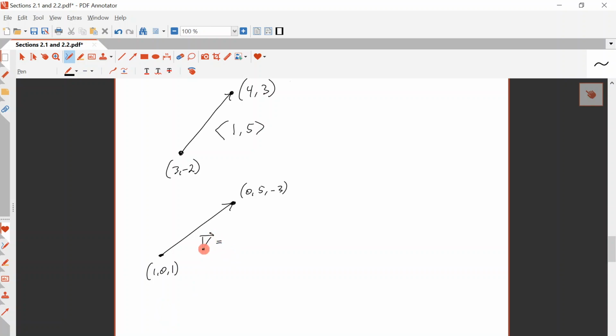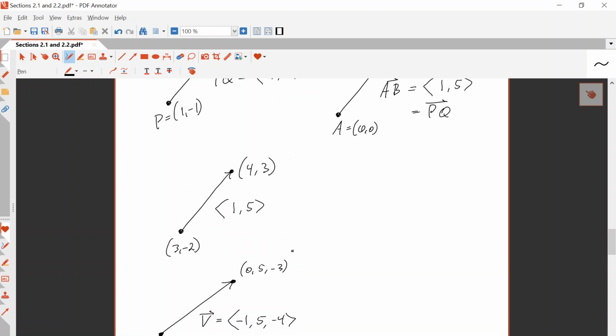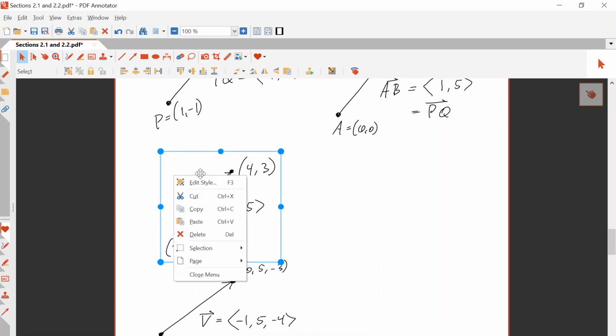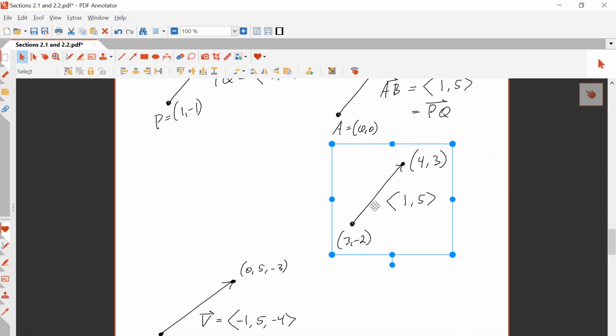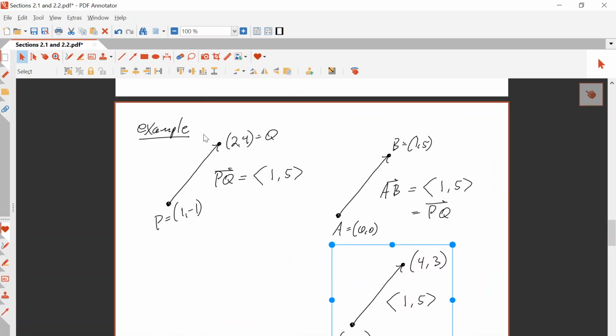Now, in the book, they'll use a bold-faced V, but it's not really easy to do when I'm writing by hand, so we just use these arrowheads. So 0 minus 1 is minus 1, 5 minus 0 is 5, minus 3 minus 1 is minus 4. So these vectors are all vectors in 2 dimensions, whereas this vector I just drew is a vector in 3 dimensions.